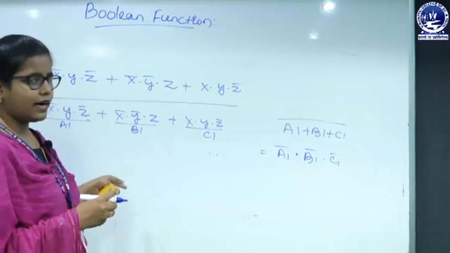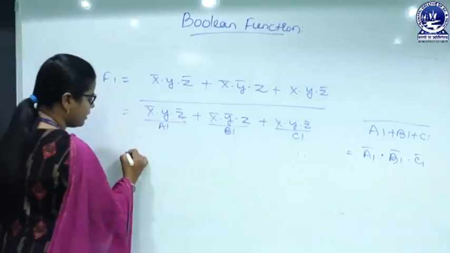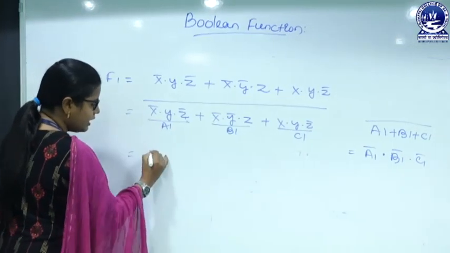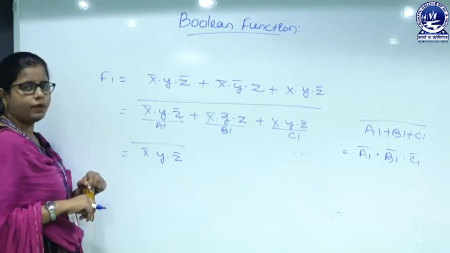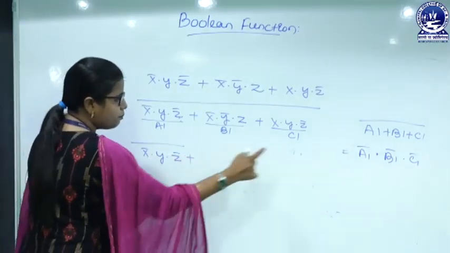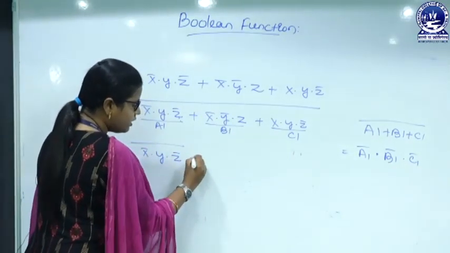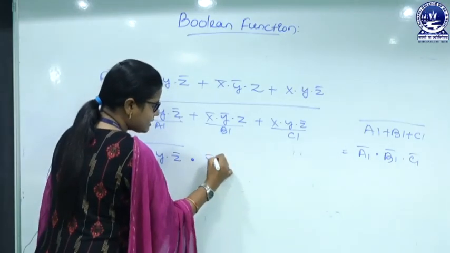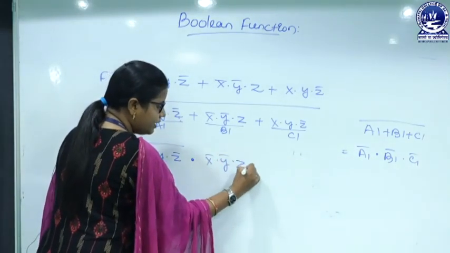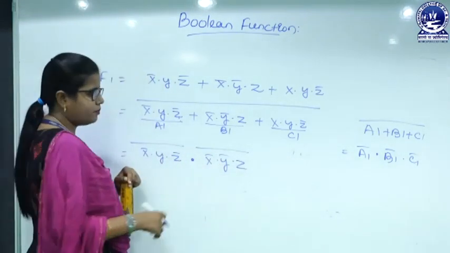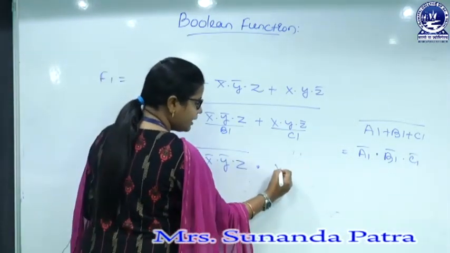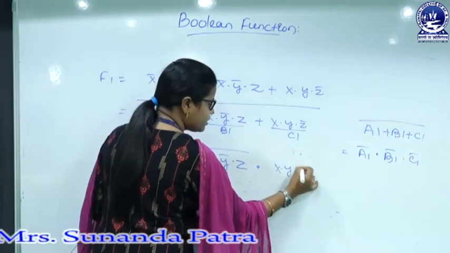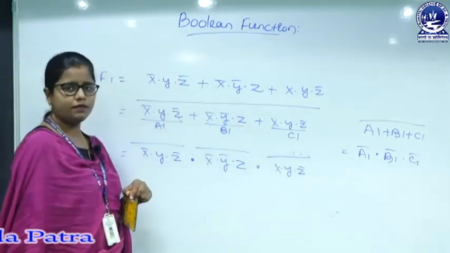So let's write this. What is the A1 here? A1 is (X' . Y . Z')', plus B1' , so X' . Y' . Z's whole complement, dot C1', so the complement of (X . Y . Z')' whole complement.